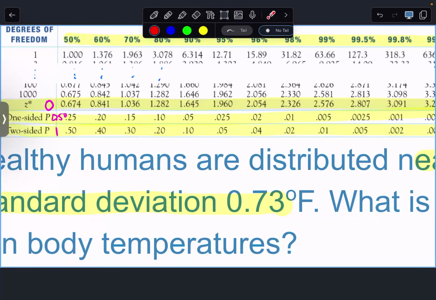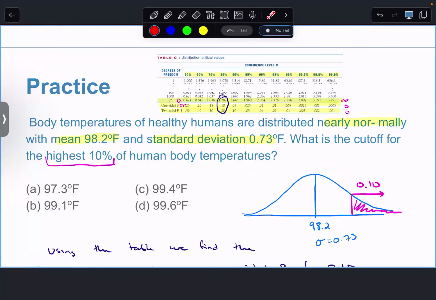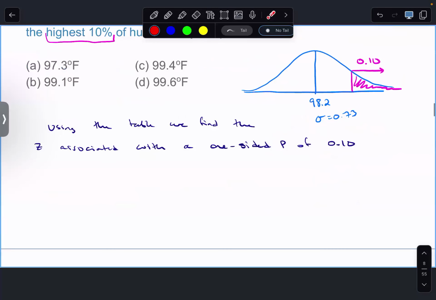Careful with your zeros, right? You don't want to be using 0.01 when you actually want 0.1. But here it is, 1.282. Is Z equal to 1.282? Double check that it should be positive. It is.